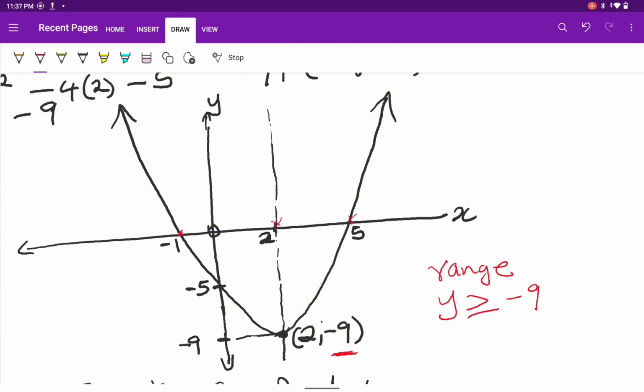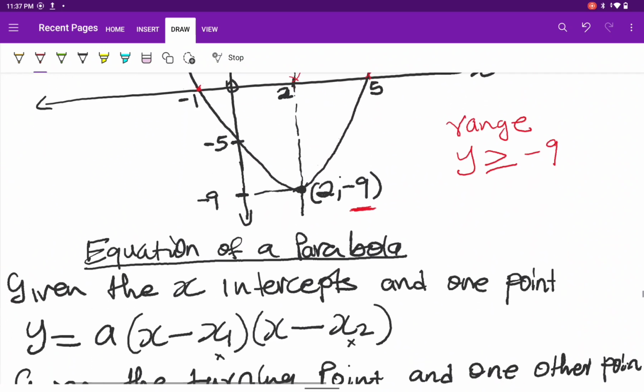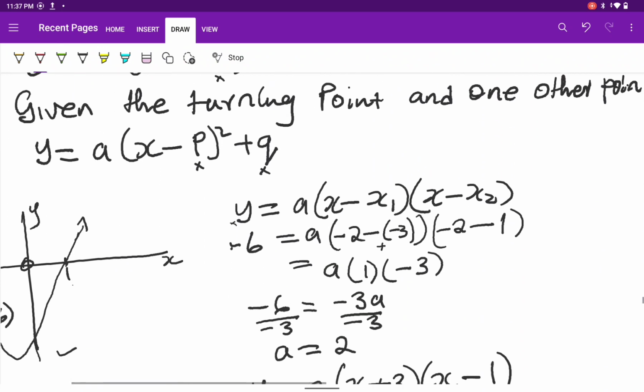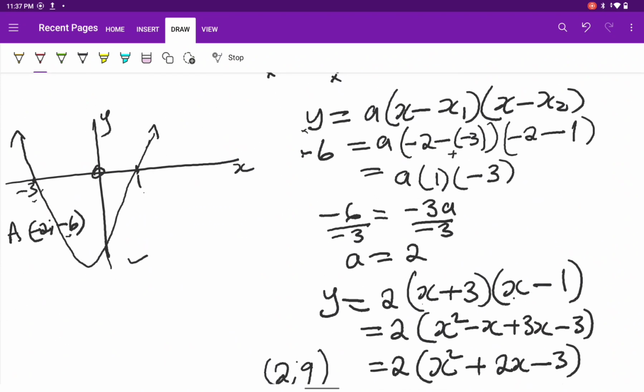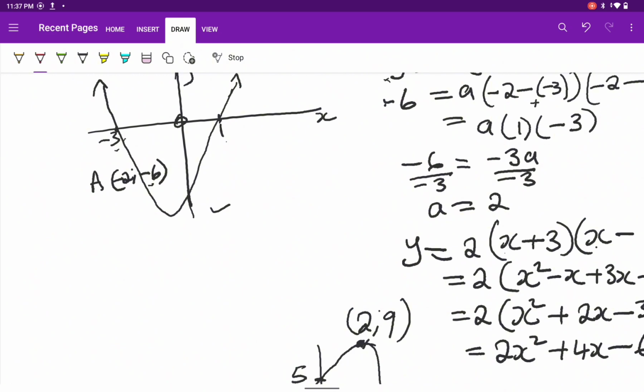We are going to look at the range for each of the graphs that we have drawn. Now the second one was this graph here. We want the y coordinate of the turning point, so we have to work it out first.